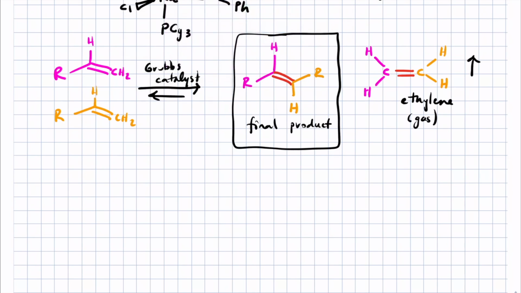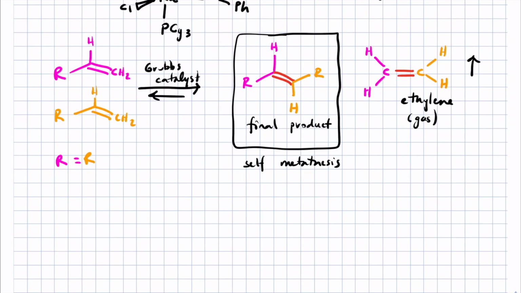So in the case where pink R equals orange R, this is a self-metathesis product. Cross-metathesis products are known as well, but they can be difficult for the same reason that cross-aldol reactions can be difficult, because then you can get a mixture of self and cross metathesis products.